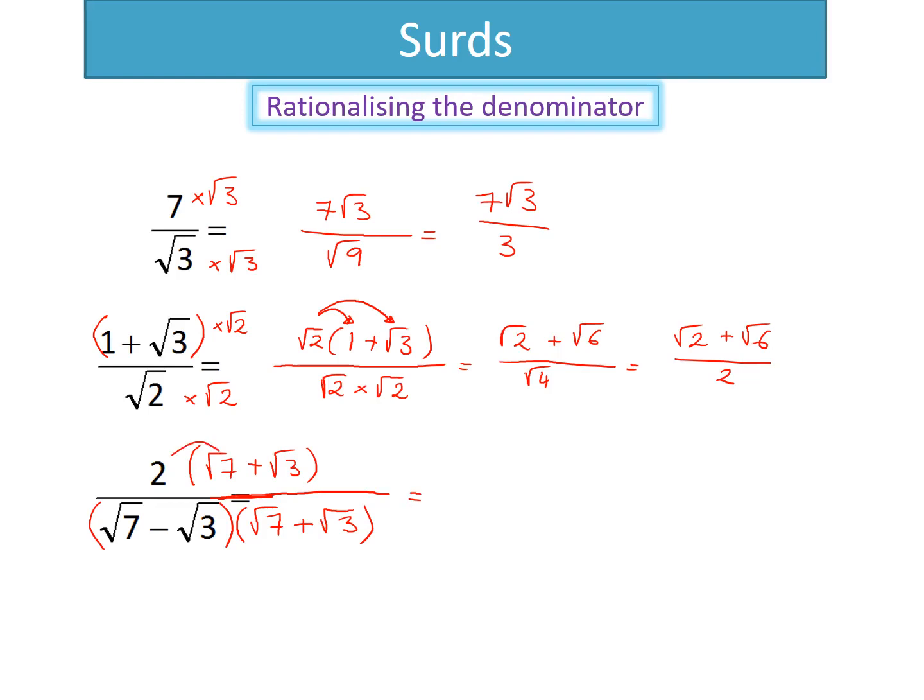So 2 times root 7, that is 2 root 7. 2 times root 3, and that is 2 root 3. And what we learned from the previous slide is that when I expand this, all I'm going to have left is 7 take away 3. So now I've got 2 root 7 add 2 root 3 over 4.